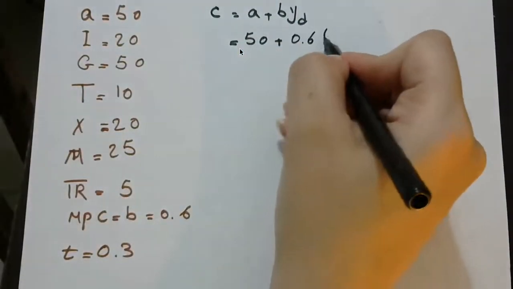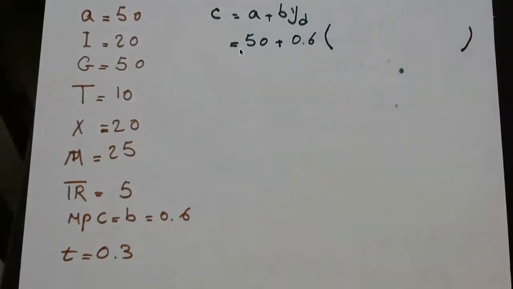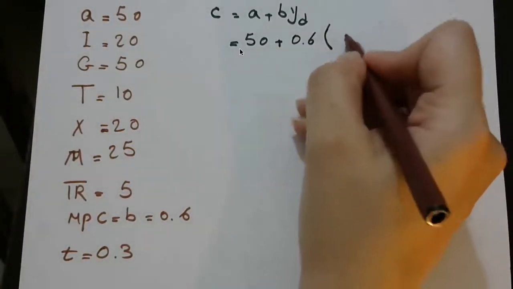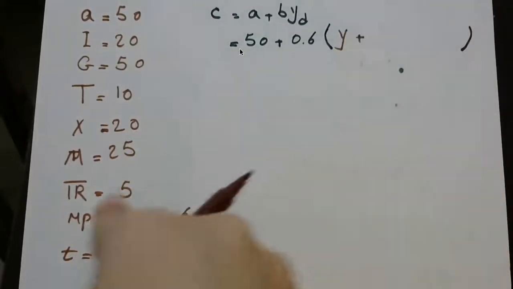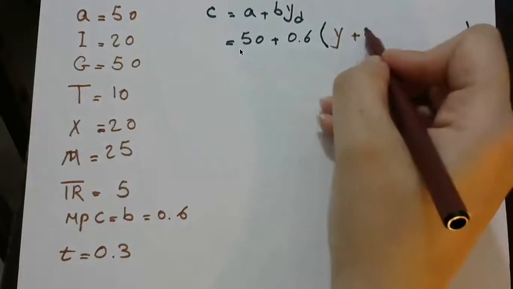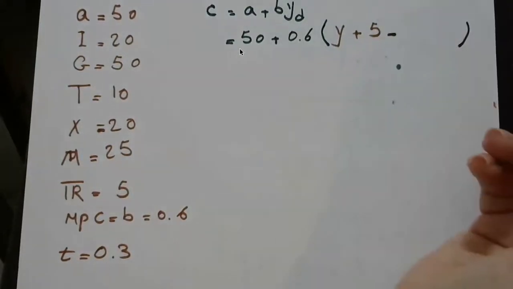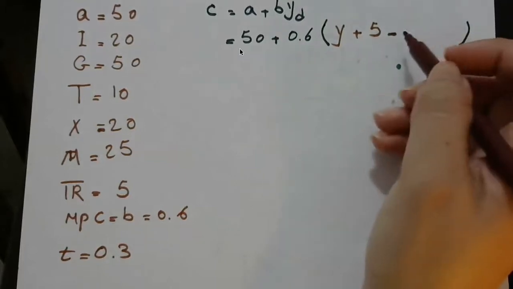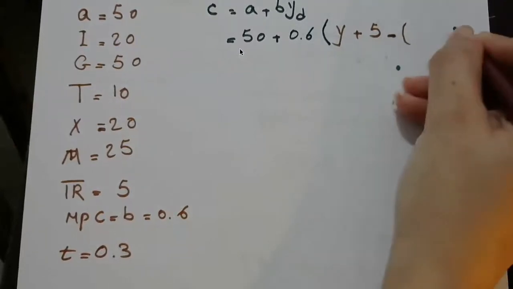Then you have to open a bracket. This whole bracket is going to be our YD. So what was YD? You remember we say whatever we earn minus whatever we pay. What is our earning? First is my income. Then is the amount that I receive from government, my TR. That's why I added 5. Then minus the tax. Previously tax was only induced tax. Now I have autonomous tax, so I put a small bracket here again.